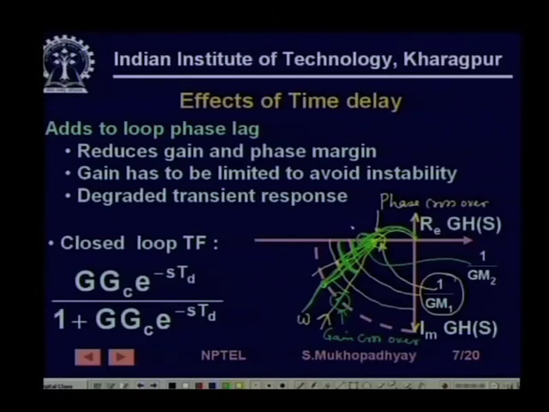This is how the system is gradually coming closer and closer to instability, and therefore for the plant represented by the green line, you can use a lower gain. This is why gain has to be lowered to avoid instability, and that in turn causes problems in the response. This is the point that I was trying to make.